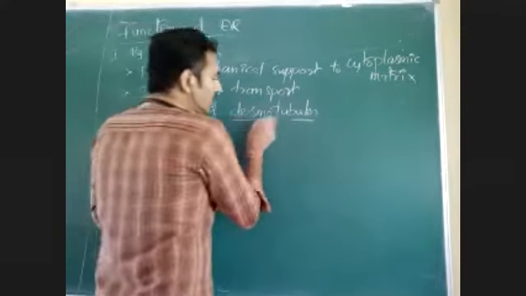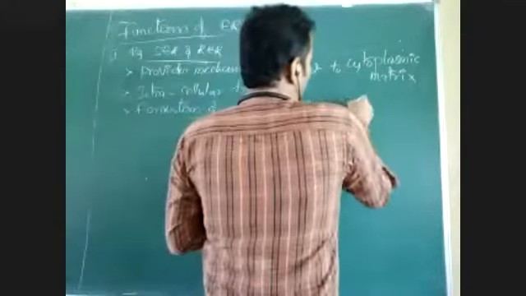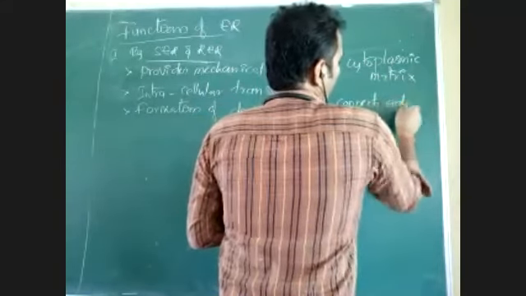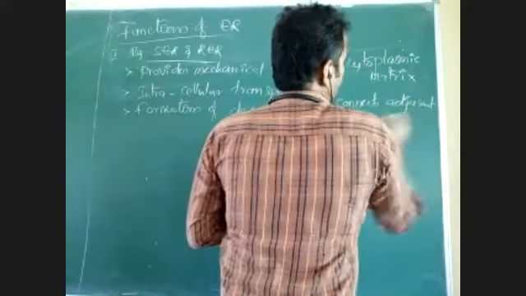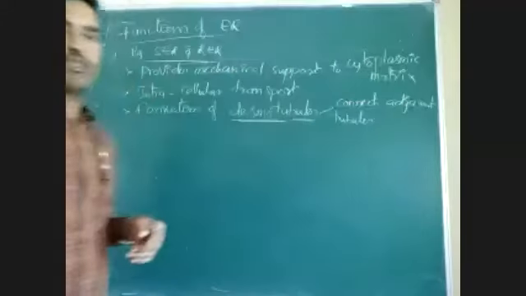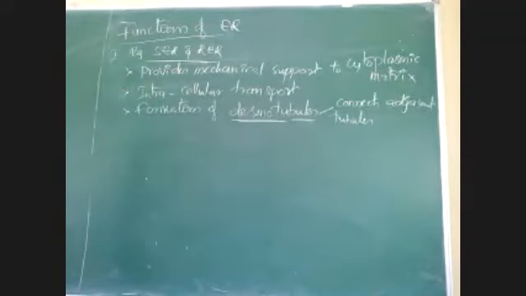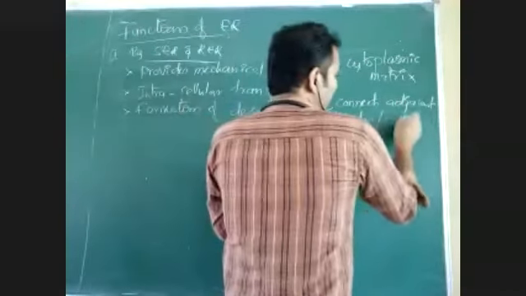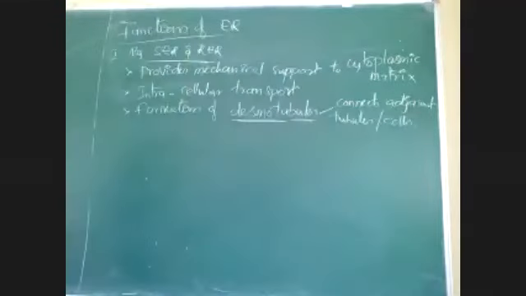Like here, desmotubules connect adjacent cells. Adjacent cells are connected by the desmotubule. So formation of desmotubule is one function which RER and SER combinedly perform.